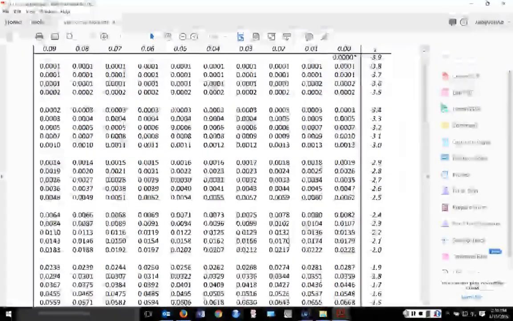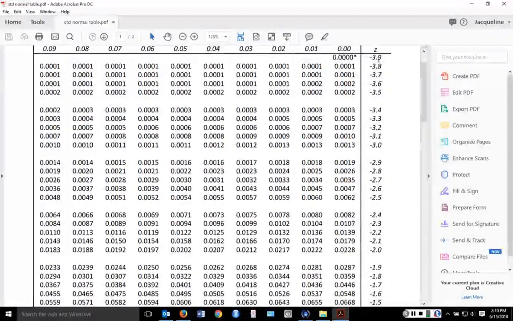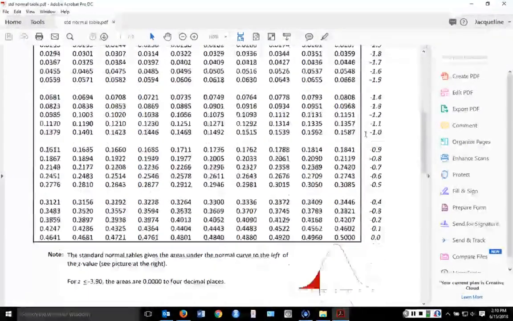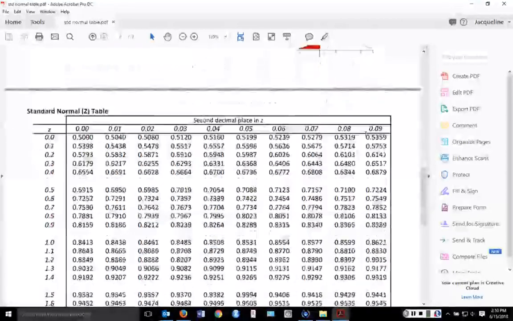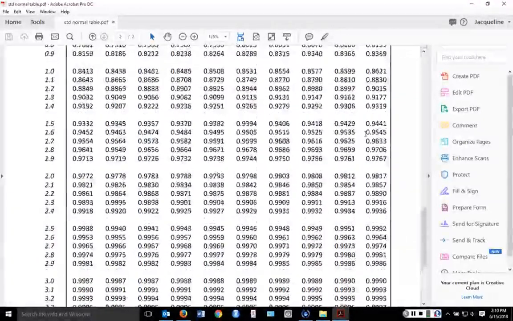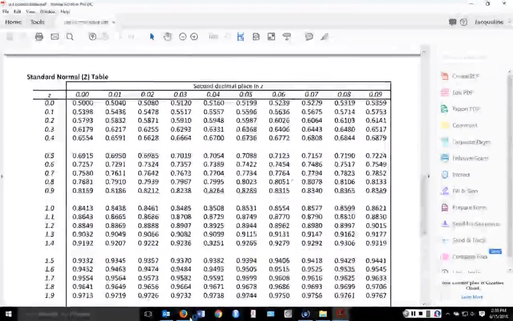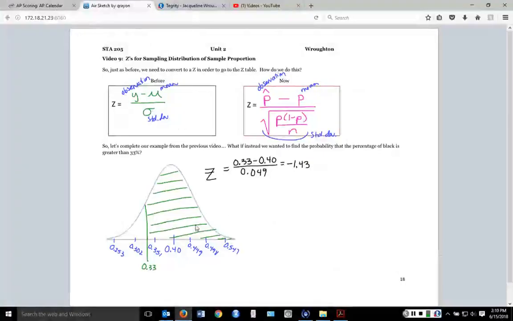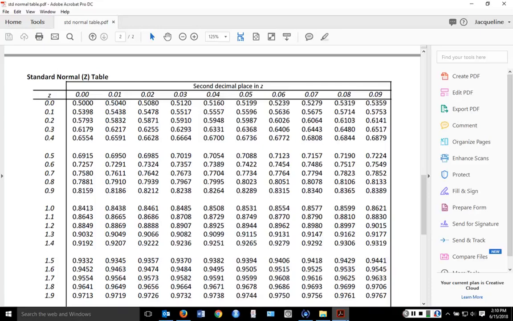So our z-score is between our row and our column. The first side is all the negative values, and the other side is all our positive values. So when we're looking here, we are actually shaded to the right, but our table is shaded to the left.